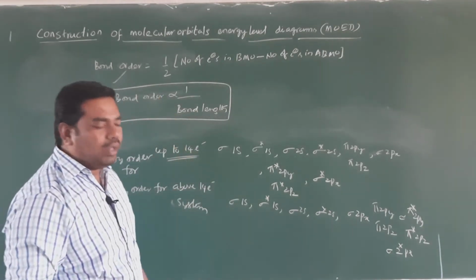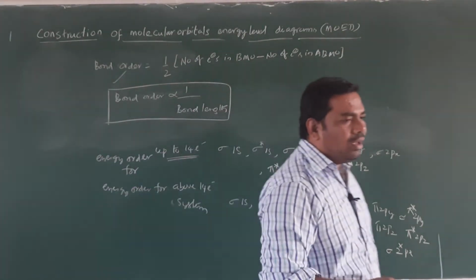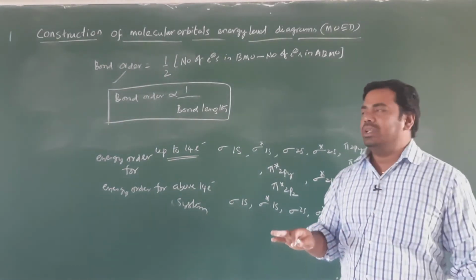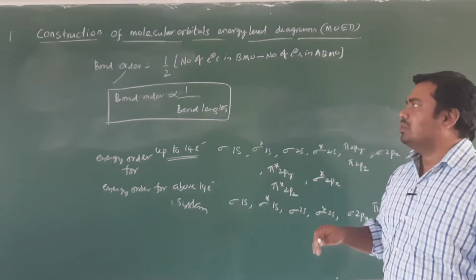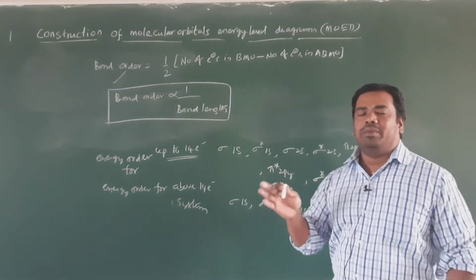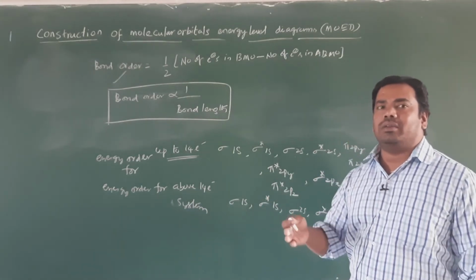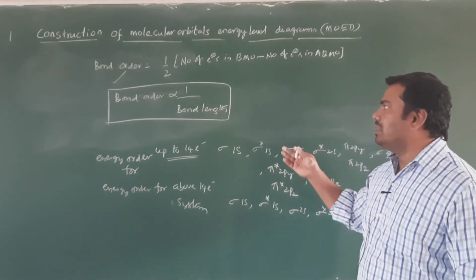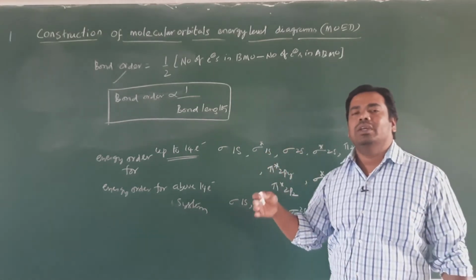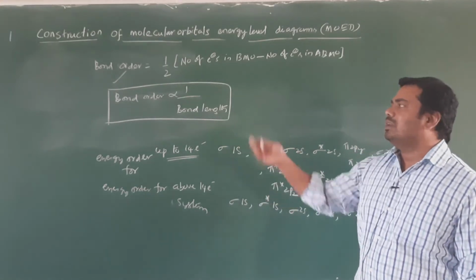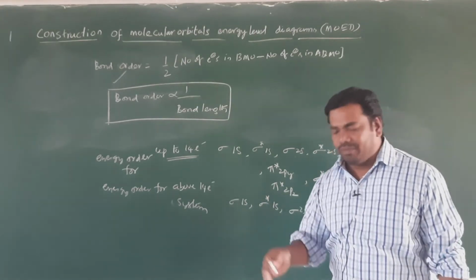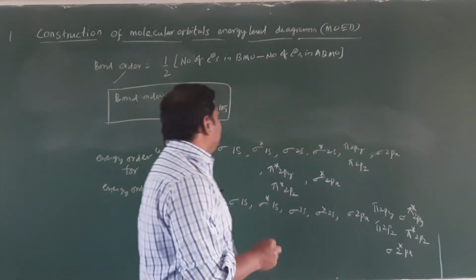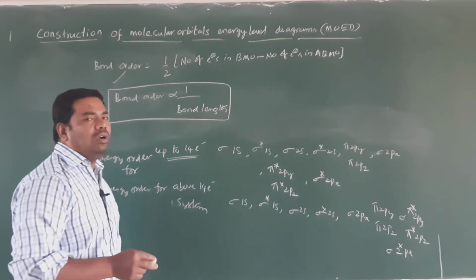The bond order and bond length are reciprocal to each other. If a diatomic molecule has a high bond order, then the bond length is very short. If for a homodiatomic molecule the bond length is more, the bond order is less. We will discuss this one by one. So this is the relation between bond order and bond length.